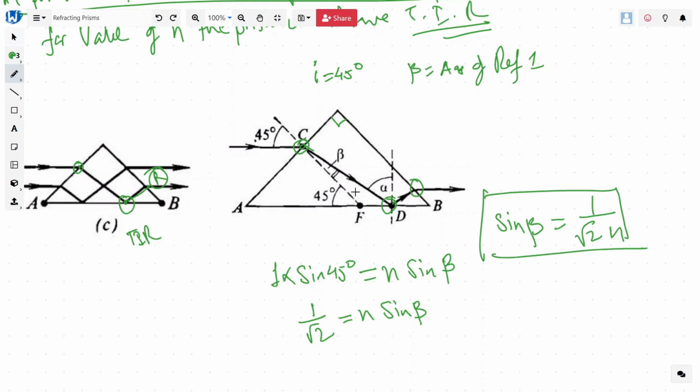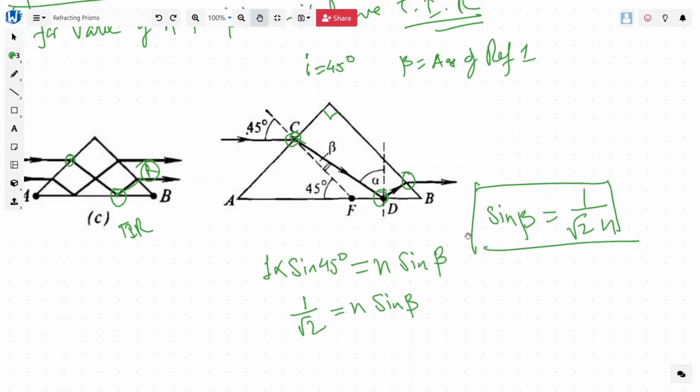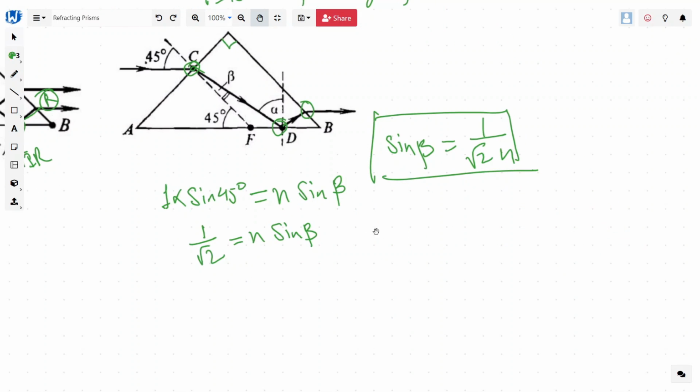Now let's write the equation here, which is the total internal reflection condition, and we know we have this angle of incidence alpha in the refractive index n, so we'll say n into sine of alpha is going to be equal to the refractive index of air, which is 1, and this is getting totally internally reflected, so this angle is 90, so sine 90 is equal to 1.